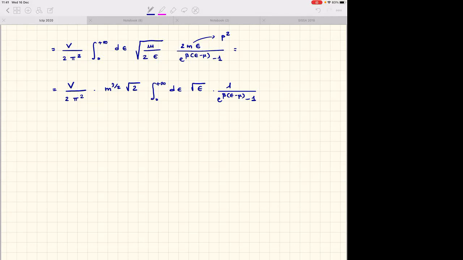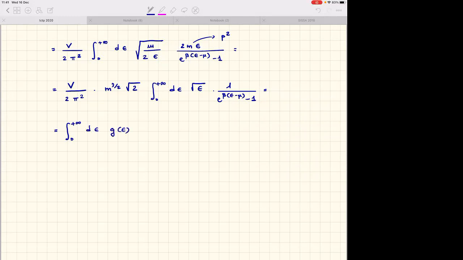Now, this I can write as integral between 0 and plus infinity d epsilon g of epsilon.